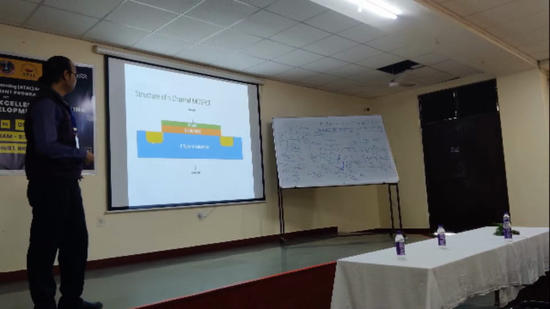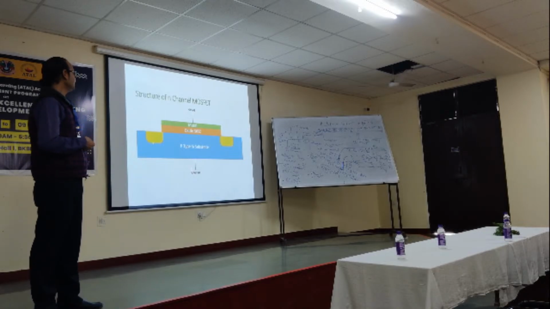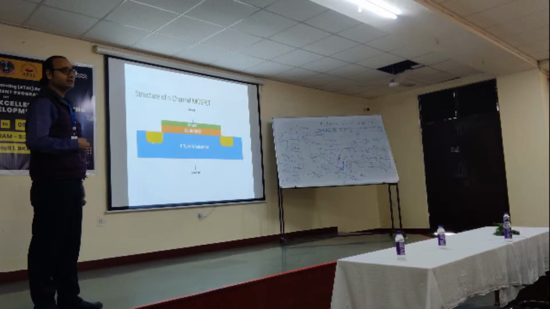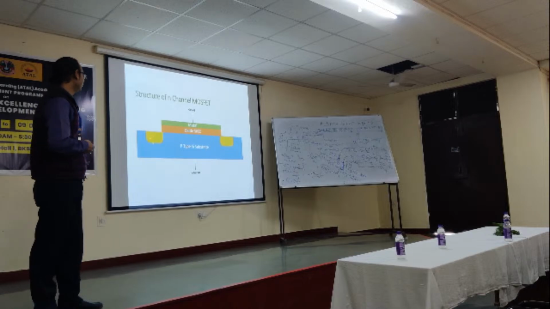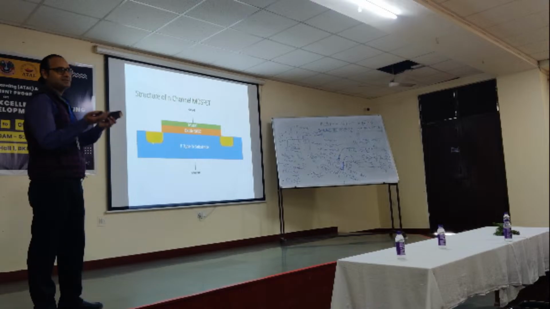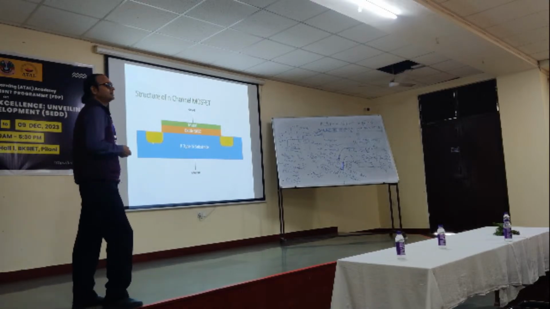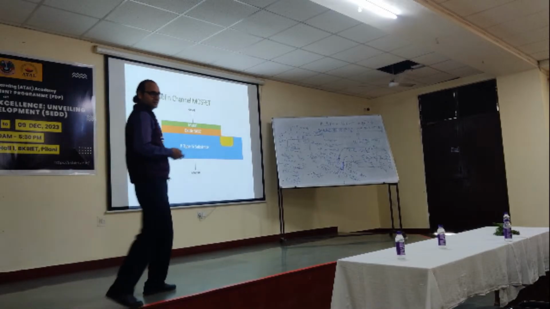Do you know which will be drain and which will be source? See, this is symmetric. This is p type, that means I want an n channel MOSFET. If I apply positive voltage here, it will become drain, right? Because it is symmetric anyhow. If I apply positive voltage here, it will become drain, correct?